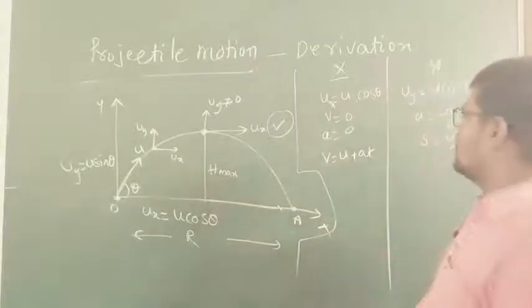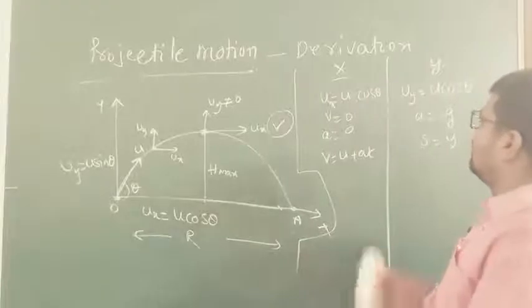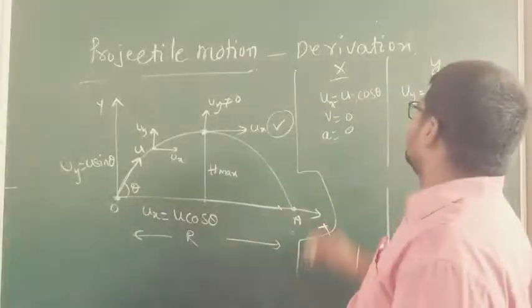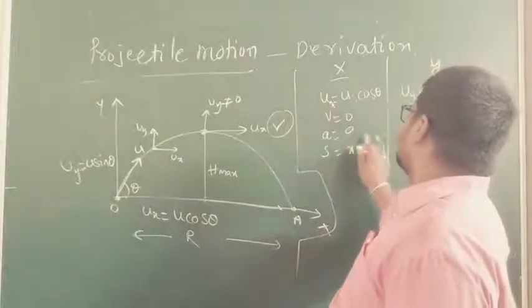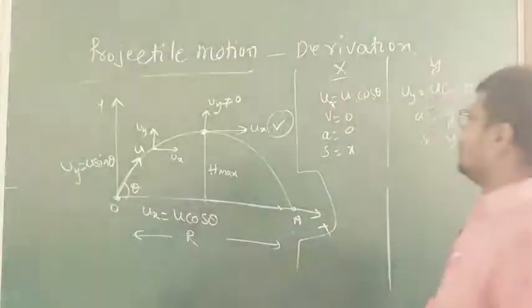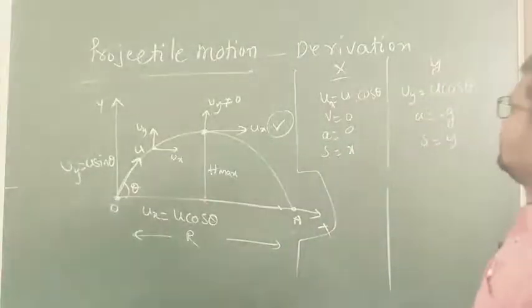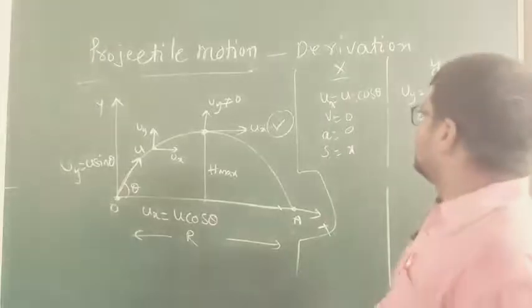Here s is equal to x along the horizontal, and s is equal to y for vertical motion. Understand, my children? v is equal to u plus at.